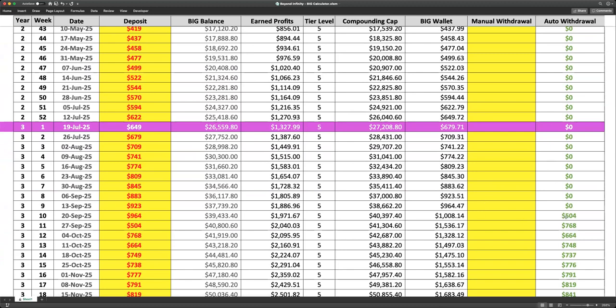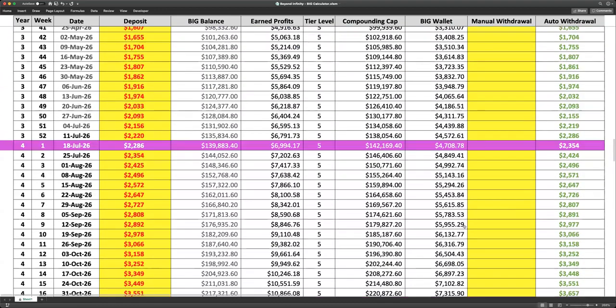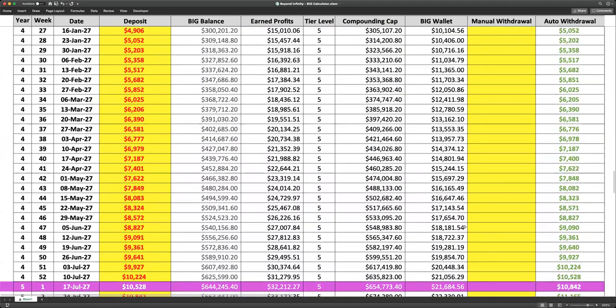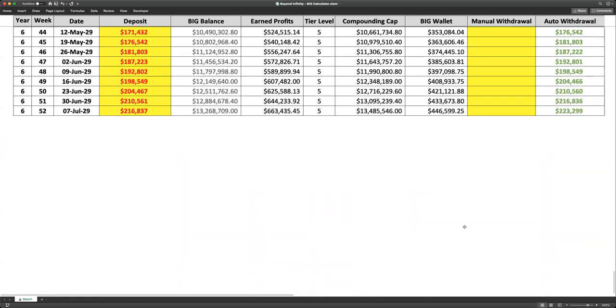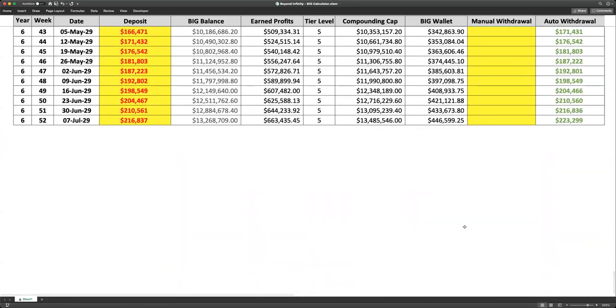So there's where you start getting the automatic withdrawal. Year 3, week 10. Let's look at the bottom line. So that's how big these little changes affect a compounding earning vehicle.